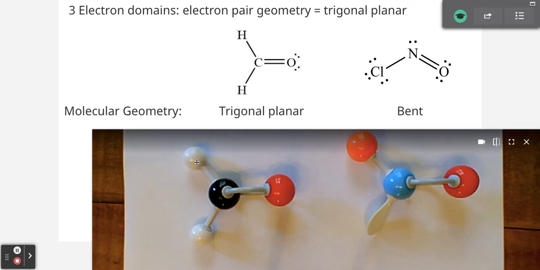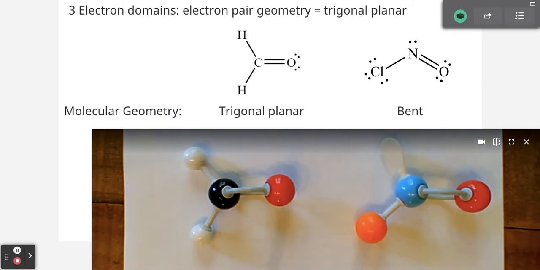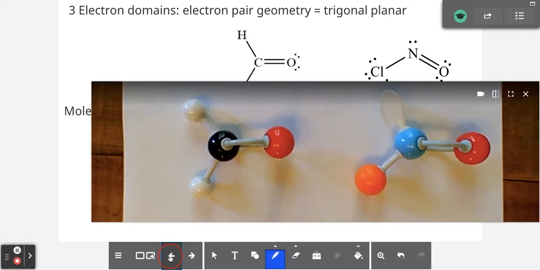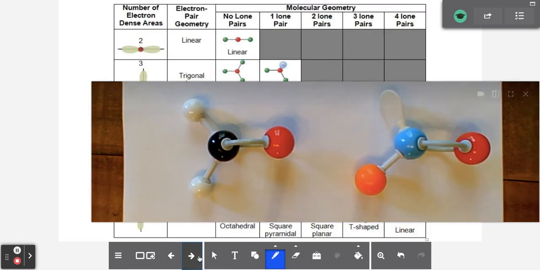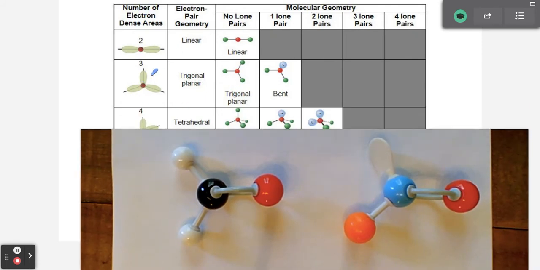There's 1, 2, 3 in both cases. And so the electron pair geometry is known as trigonal planar in both cases. And you can get that straight from the chart. When we have 3 electron dense areas, the electron pair geometry is always trigonal planar.